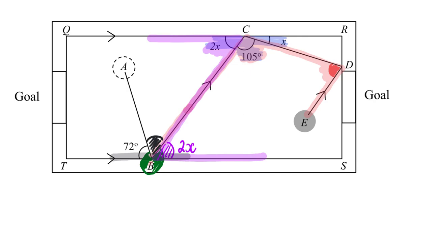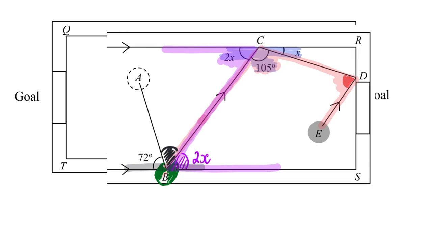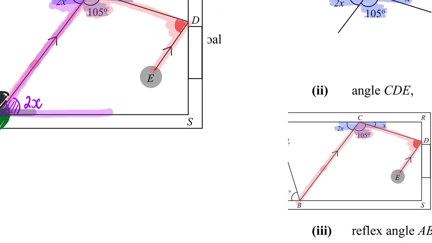So it's a two-part thing. Step 1, you do need to share with people that angle SBC is 2x by alternate angles. So I'm going to take a screenshot of this particular part, and I'm going to shift it over.